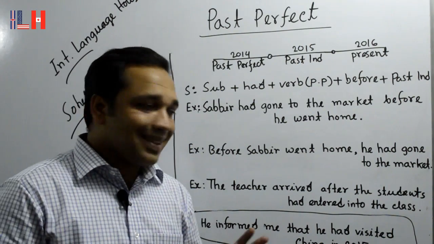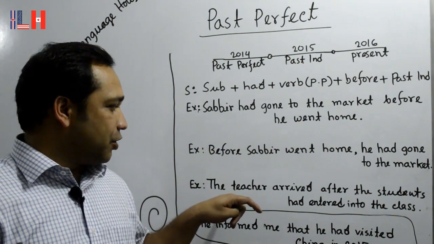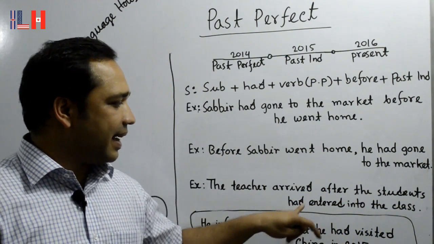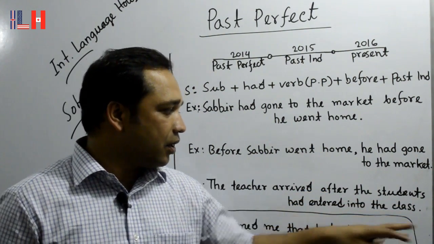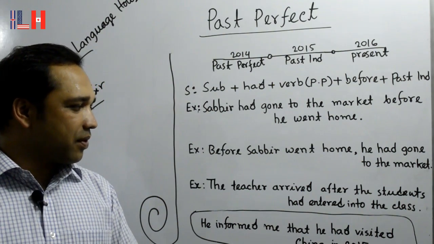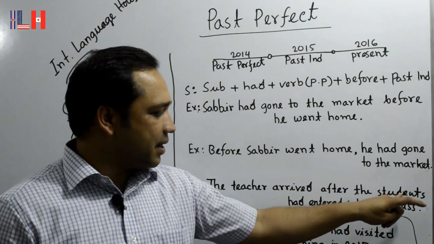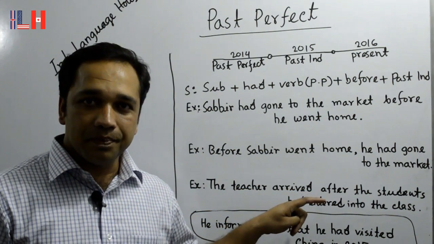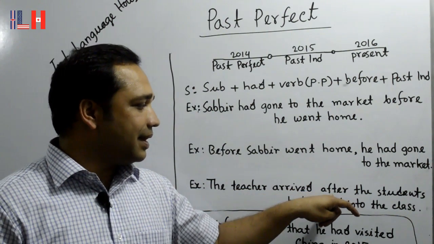The teacher arrived after the students had entered into the class. Which incident happened first? Obviously the students had entered and then the teacher arrived. So we can also relate with after.